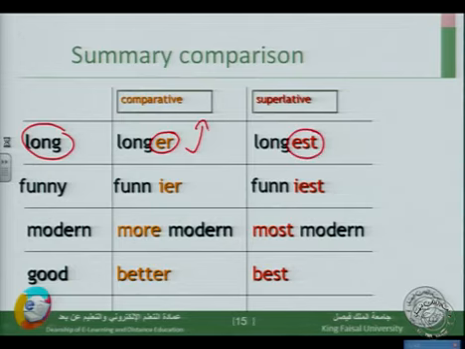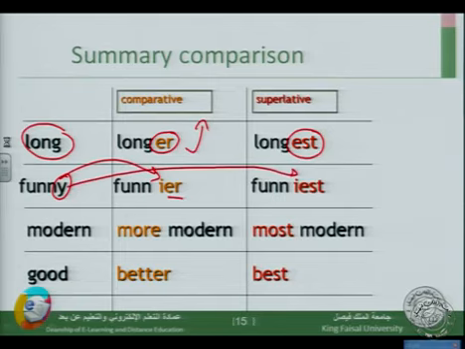And we said with adjectives that have 2 syllables and ending in y or ly, in this case we change y into I and we add ER to make a comparative form of funny. And it becomes funnier. And in the case of superlative, we change y into I and then we add est to make a superlative form of funny and it becomes funniest.